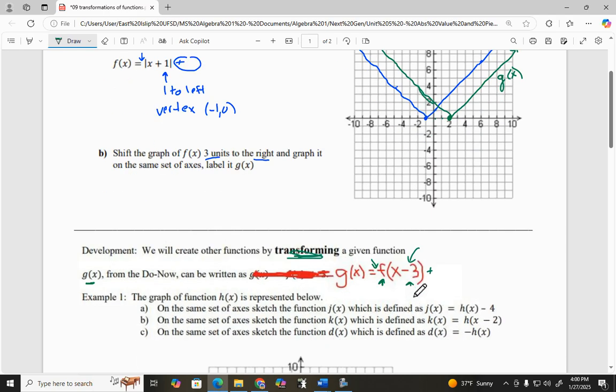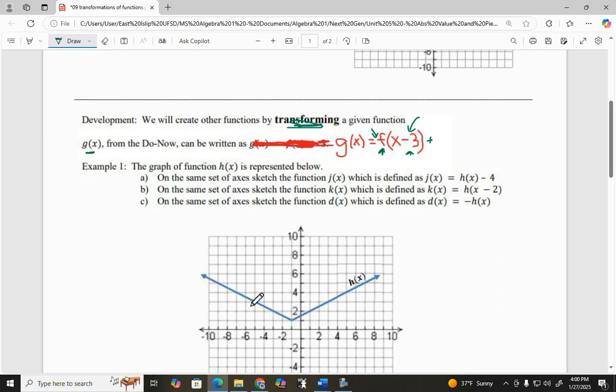So it does ask us to graph function h of x, or the graph is already there of h of x. And on the same set of axes, we've got a graph j of x, k of x, and d of x. And it talks about all of our different shifts.